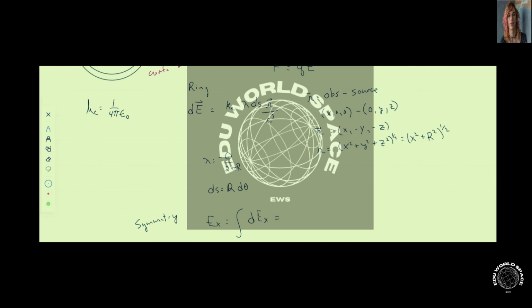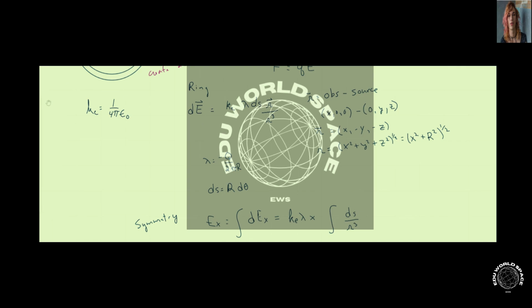Okay, so we've got to put in all our information. Let's see, the integral over ds over r cubed. And then the x component of that vector is just x. And notice I'm putting that x outside the integral, because it is not part of the source.